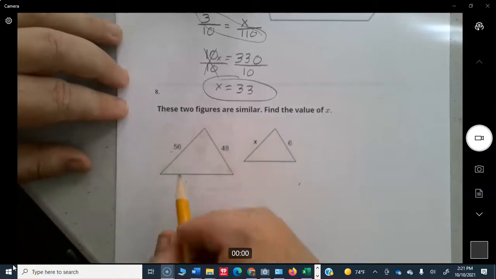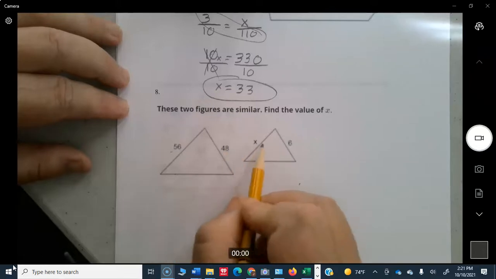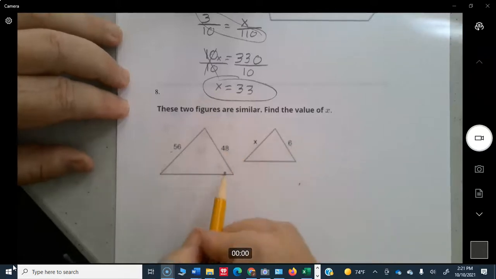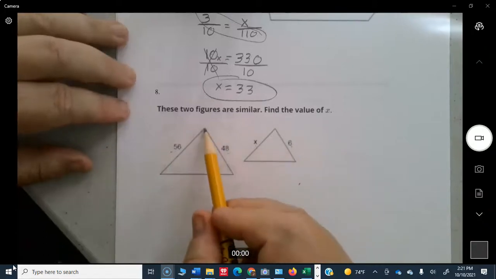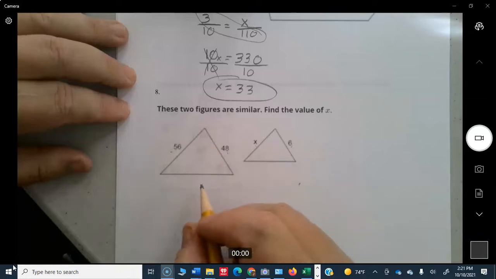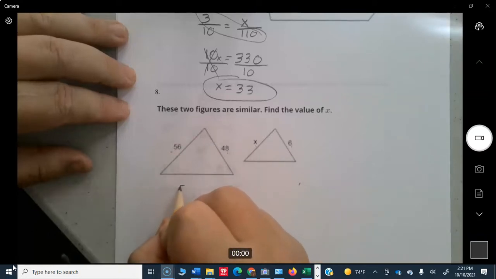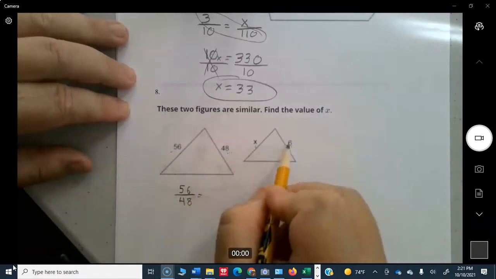They're making these pretty straightforward. It doesn't matter. You could do 56 over 48 equals x over 6, or you could do 48 over 56 equals 6 over x, as long as the corresponding sides are the same. So I'll do it both ways. Watch. 56 over 48 equals this over this equals this over this.